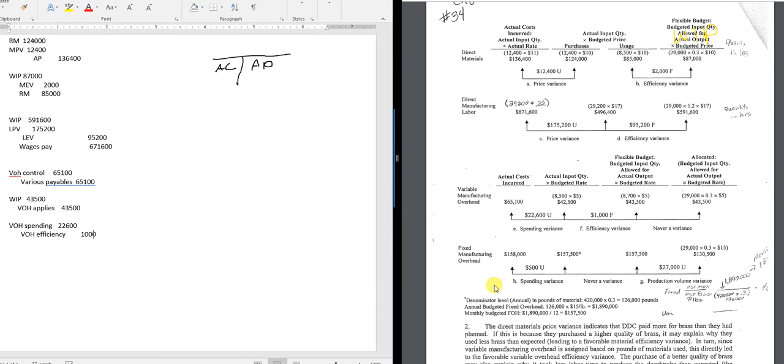Is 1,000. Okay, then I'm going to close out my variable overhead applied and my variable overhead control. So my variable overhead control is a debit, so I need to credit it. And this one's a credit, so I need to debit it.